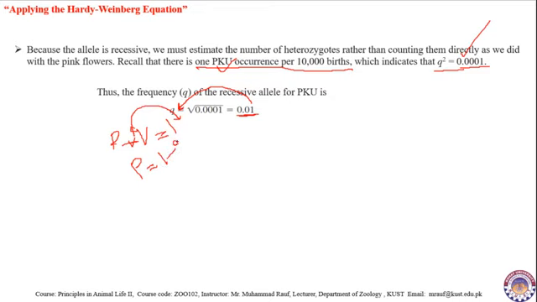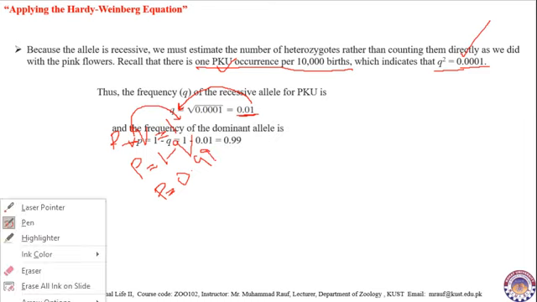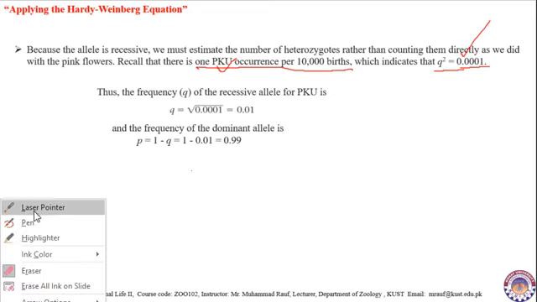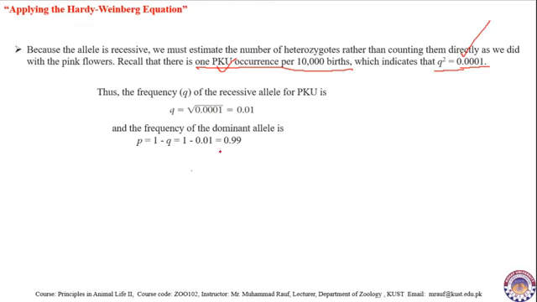So p is equal to 1 minus q, which is 1 minus 0.01, so p is equal to 0.99. Here you go. So that's the value of p.